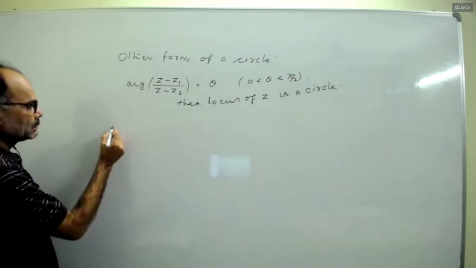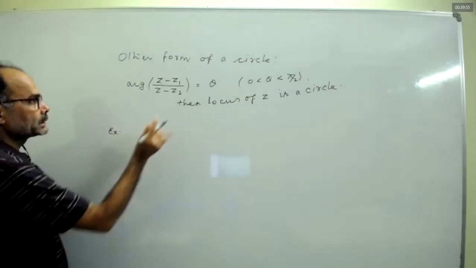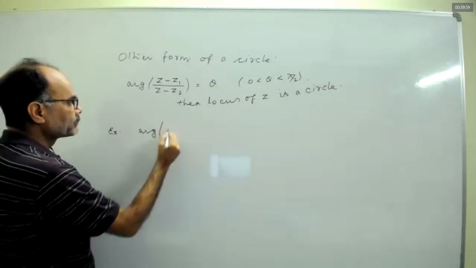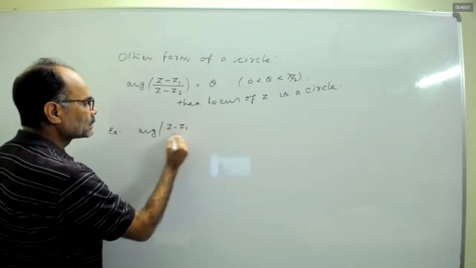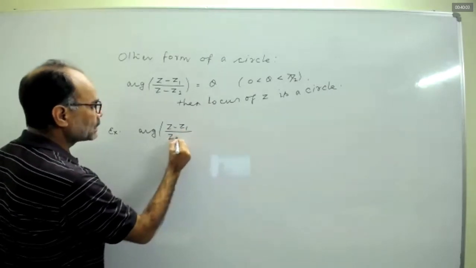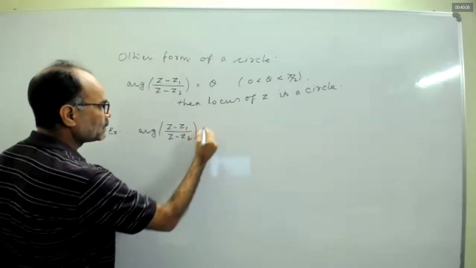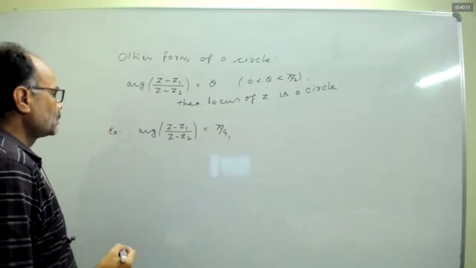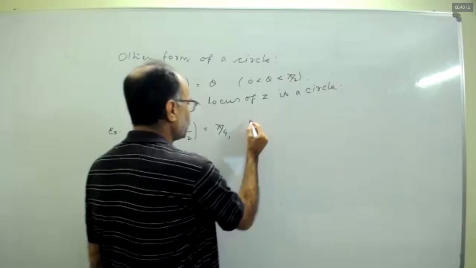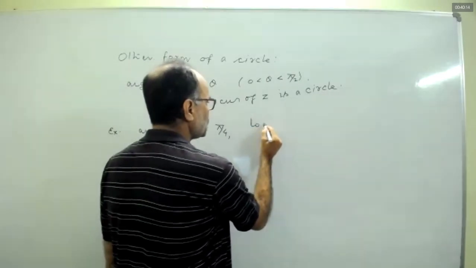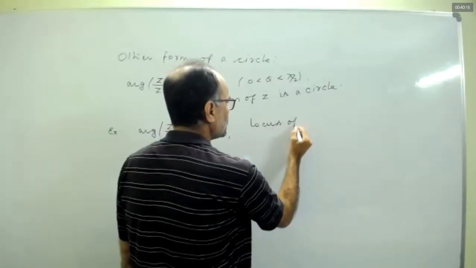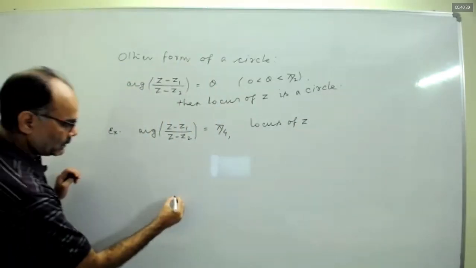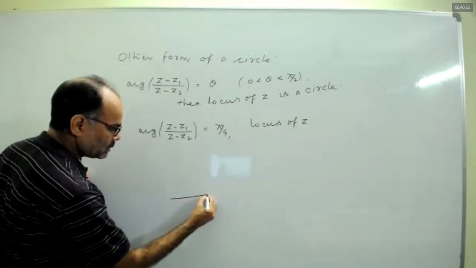For example, in place of theta, I'm taking pi by 4, so that you can understand. Locus of Z. This is Z1.